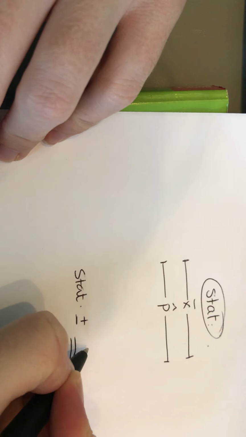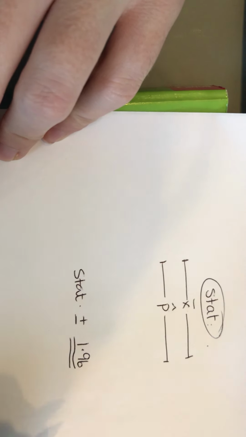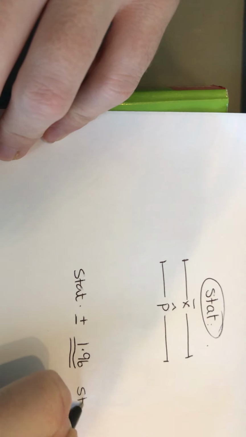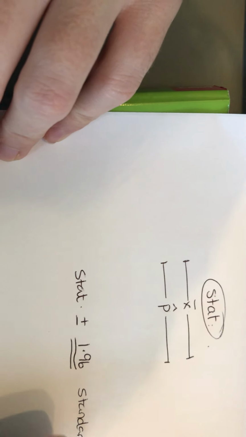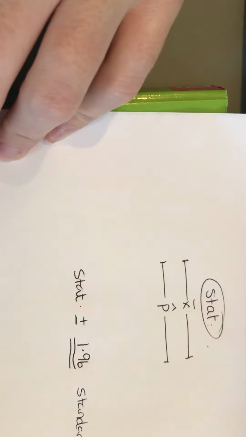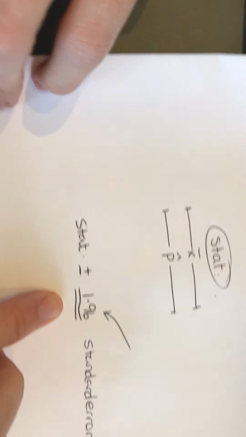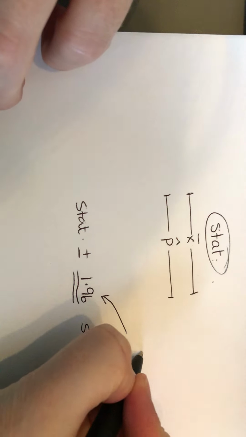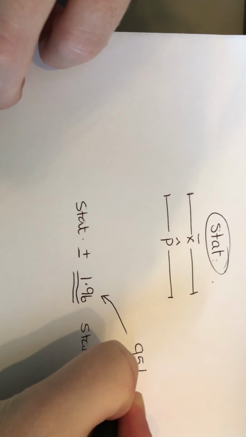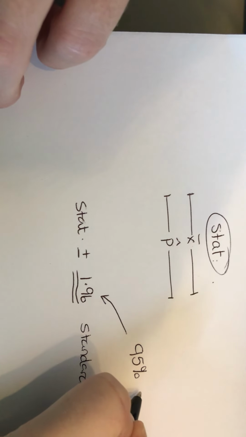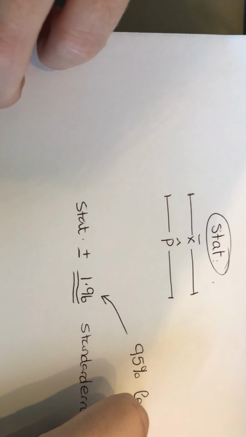For you at Leaving Cert, it's always going to be 1.96 times your standard error. Now, the reason that it's always 1.96 is because we are always going to be using maths to do with a 95% level of confidence.